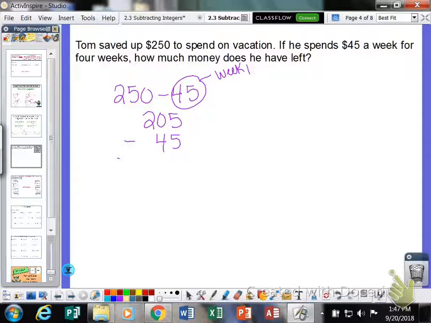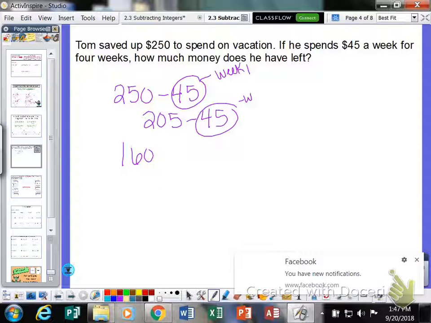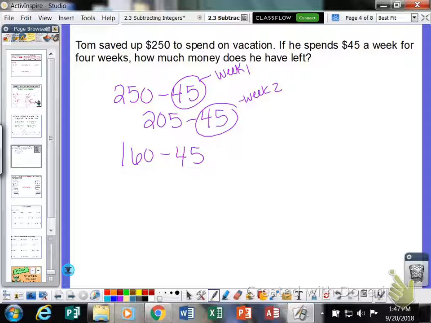And then subtract another 45. I guess I want to go the other way. Sorry about that. So subtract another 45, and you would get 160. So this was after week 2, and then subtract 45 from that, and you should get 115.